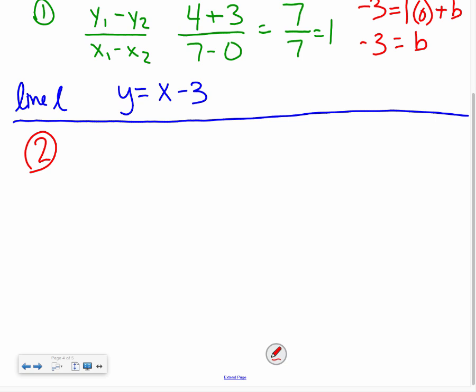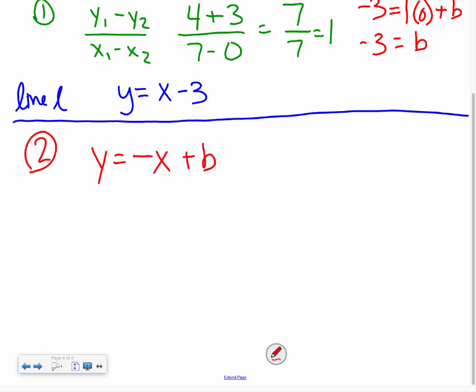Since our slope is 1, that's the same as 1 over 1. If you flip 1 over 1, you still just have 1. But we have to flip it to its opposite, which since it starts as positive means our slope is now negative. So y equals -x plus b.